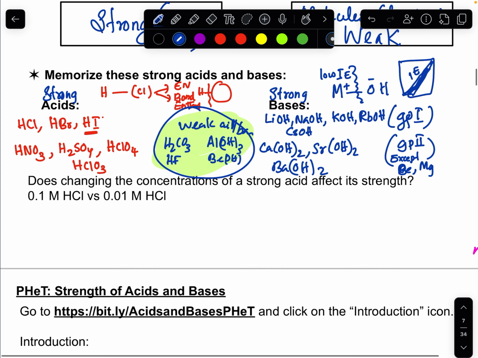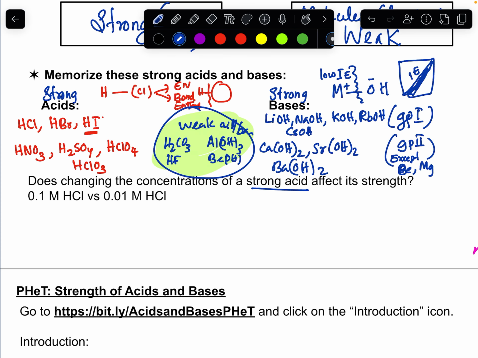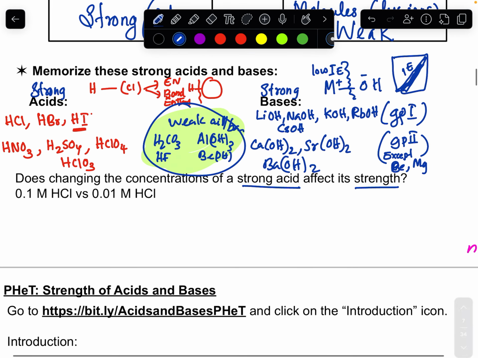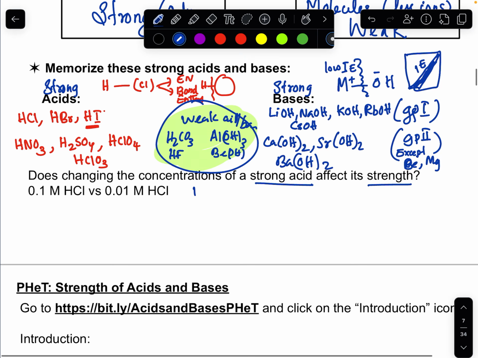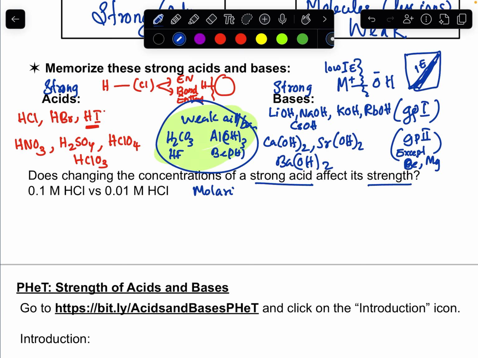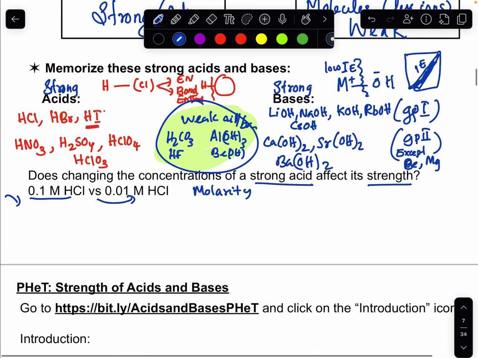Okay, now does changing the concentration of a strong acid affect its strength? What is meant by concentration? Remember the molarity. Suppose I have 0.1 molar HCl and I am adding water to dilute it. When you add water, its pH will change.